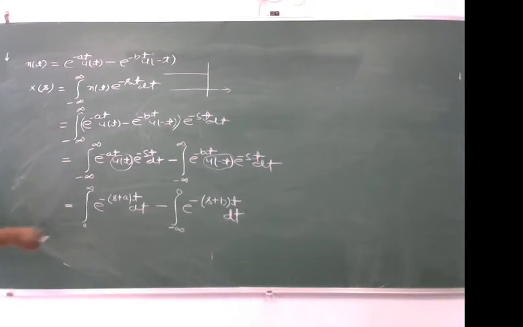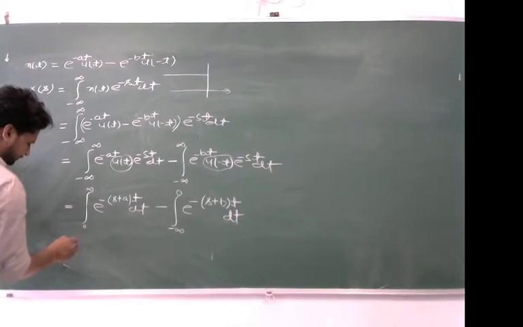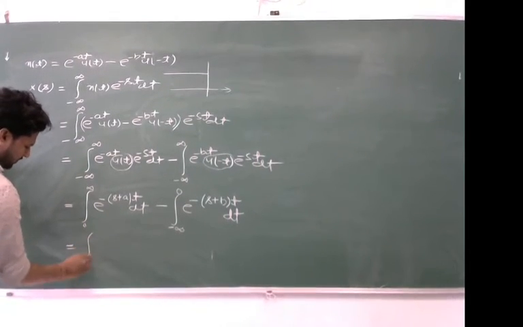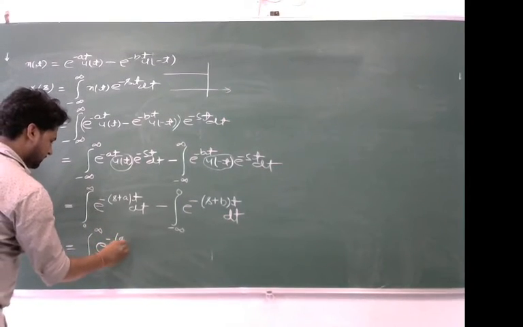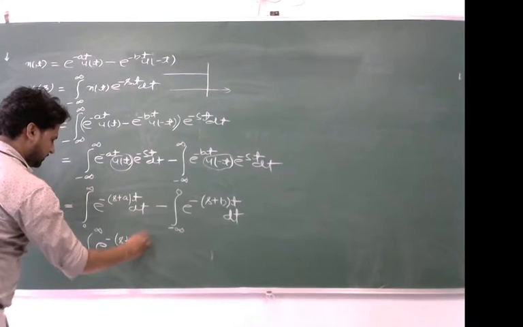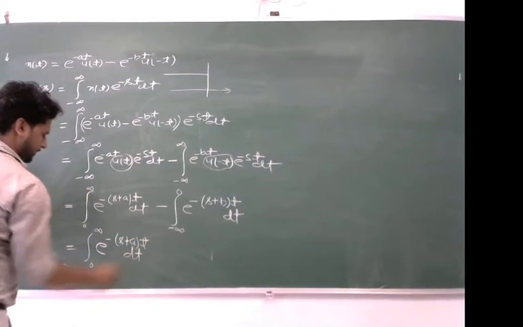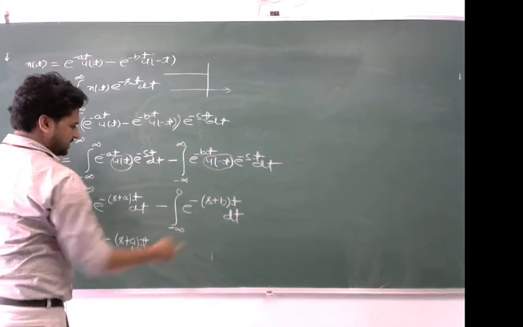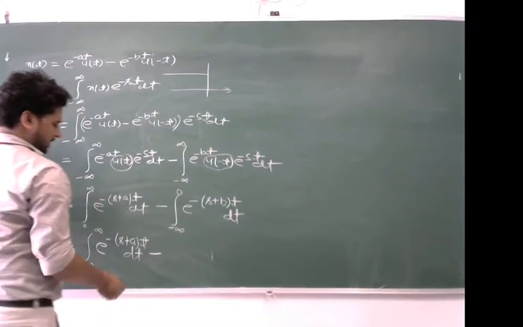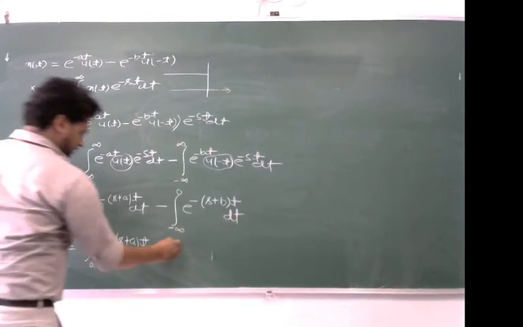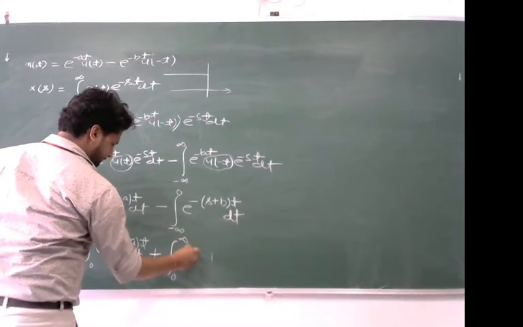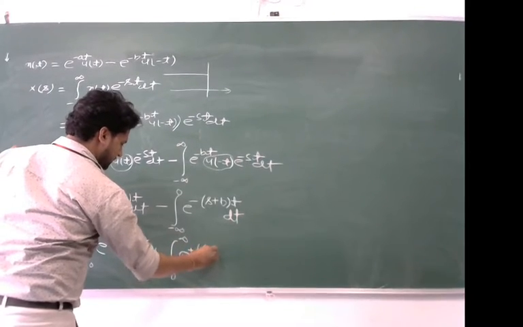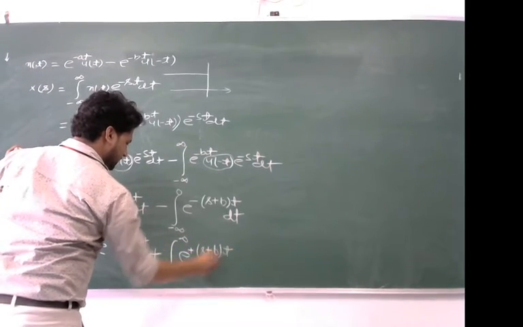Now the remaining part is simple. We have to determine the value of this integration only, or further we can simplify one more step. This will become 0 to infinity e power minus (s plus a) t dt minus, I can replace the variable t with minus t. This will become plus, and this will also become 0 to infinity e power plus (s plus b) t dt.